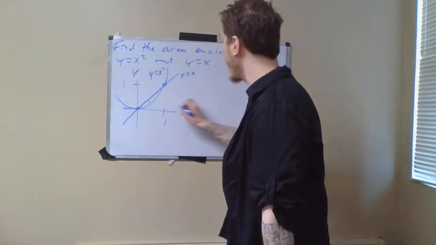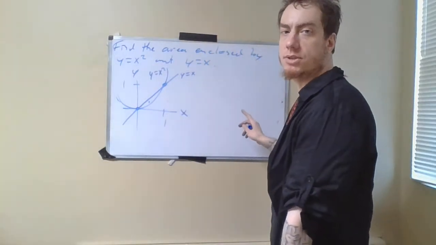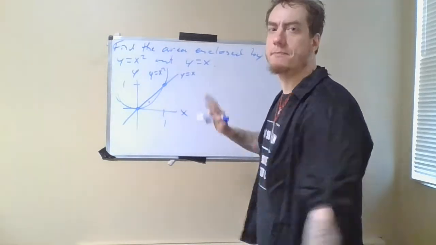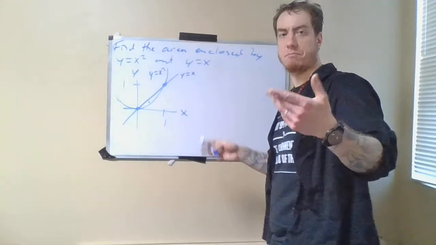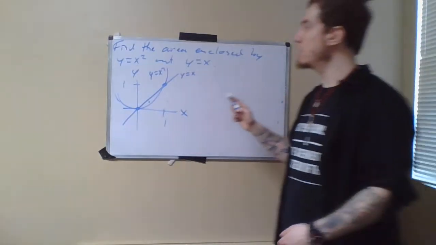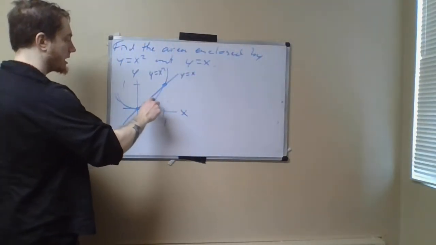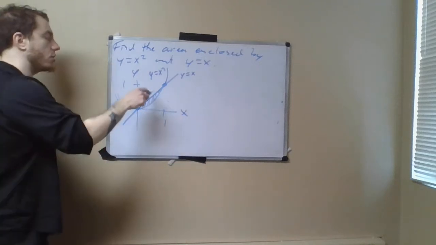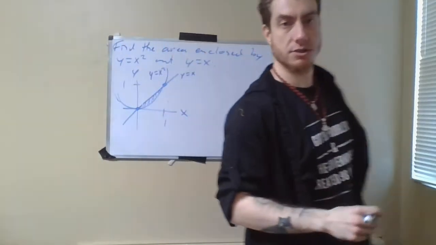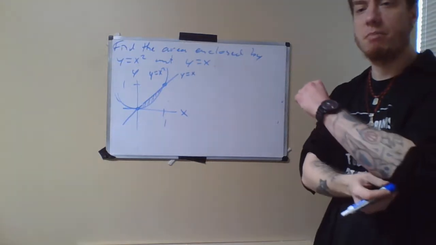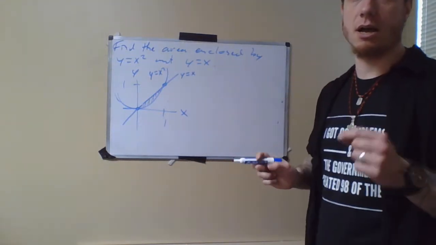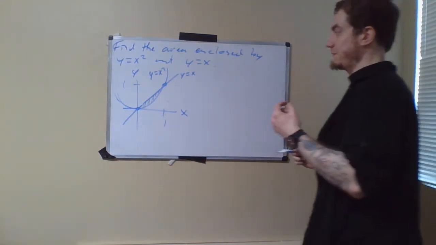If I were over here, I could run off to infinity. There is no edge of the plane, but I can run off as far as I want to. Whereas if I am in between in this region, I'm completely enclosed by these functions, okay? So that is what we mean by the enclosed region.